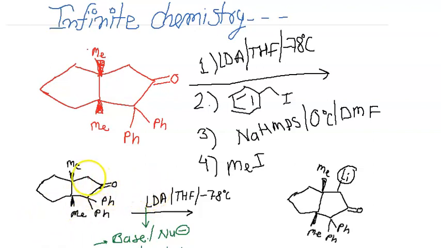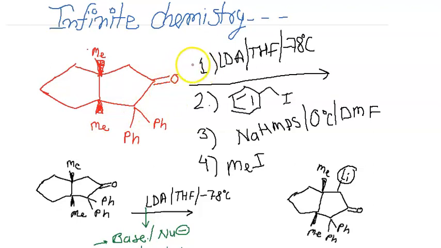In this reaction you will see this compound, which has a 2,5 ring, substituted at the bridge position by a methyl group, with two phenyl groups also attached here, and one carbonyl group. This is the whole molecule.